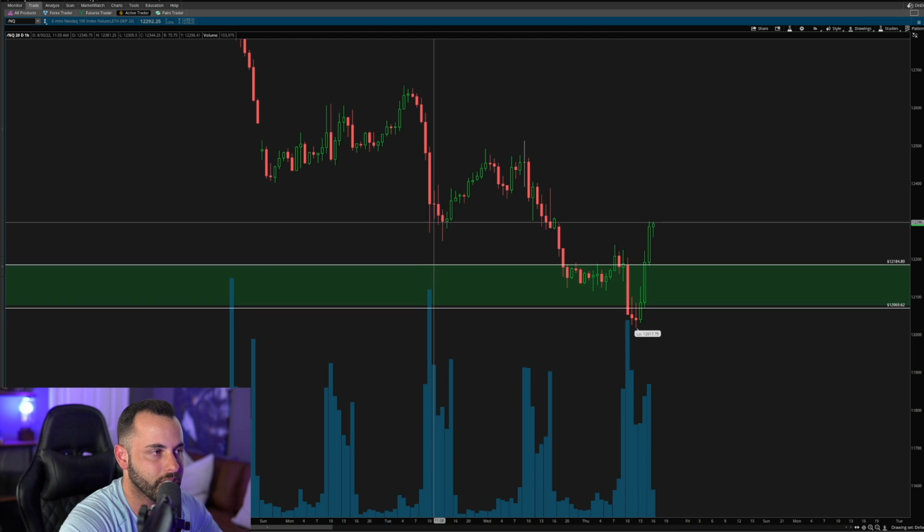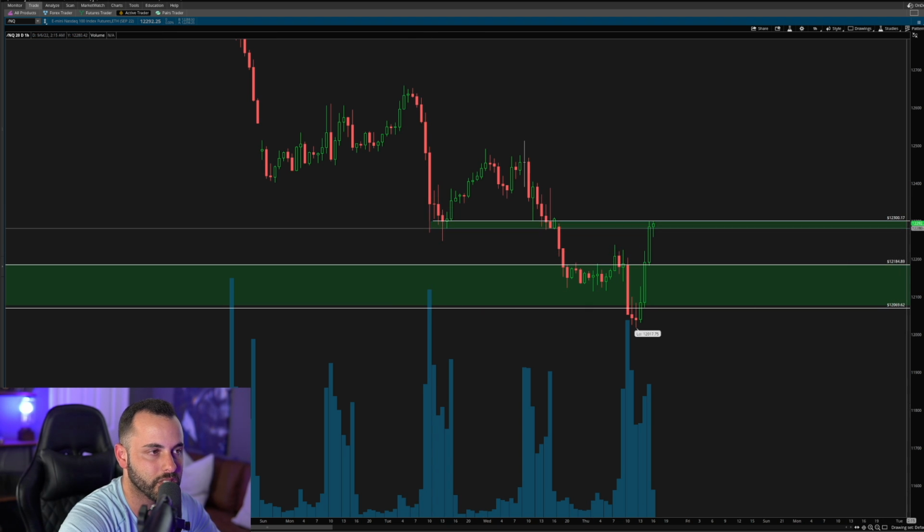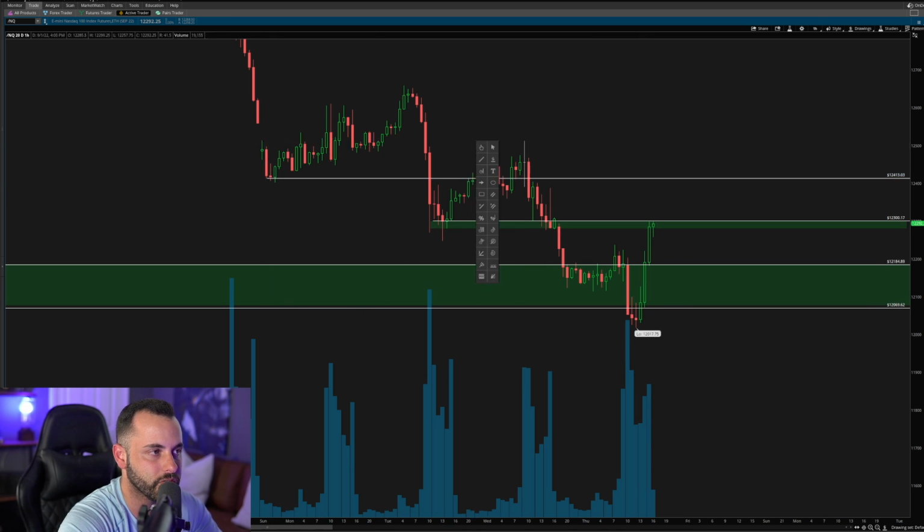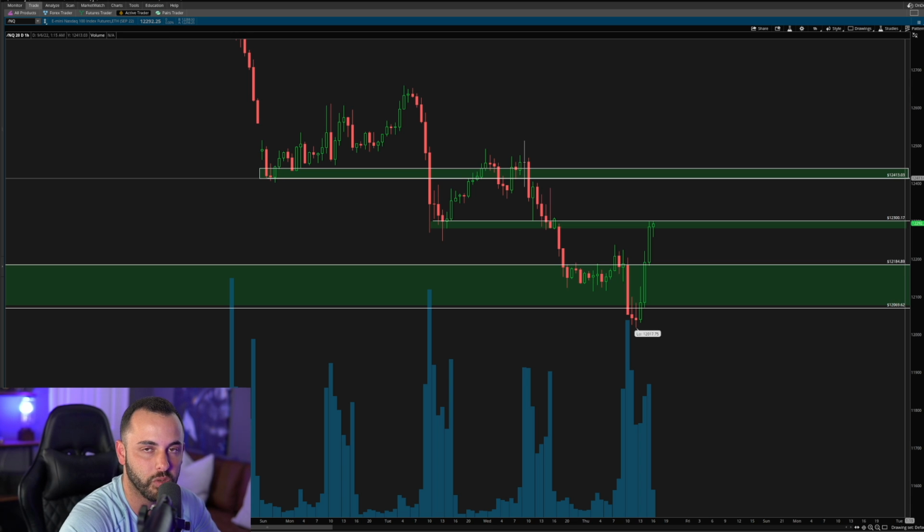I would be watching the previous Tuesday lows, which is right around this 12,300 level. This is right where we are trading as of close today, so this could potentially be a rejection point. After this 12,300, I would be looking for those Friday lows around that 12,400. So 12,300, 12,400 are the two next major rejection points that I would be watching if you are watching this market on an intraday basis.